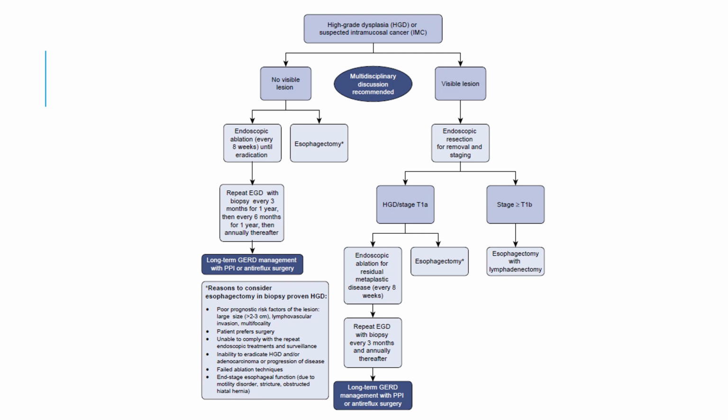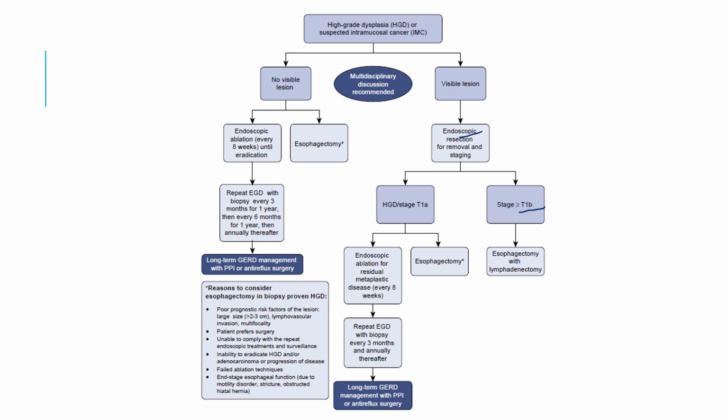So high-grade dysplasia, what do you do? If there is a visible lesion, you do an endoscopic resection for removal and staging. The invasion into the submucosal space is called T1b. A very small lesion is there in the mucosa only.